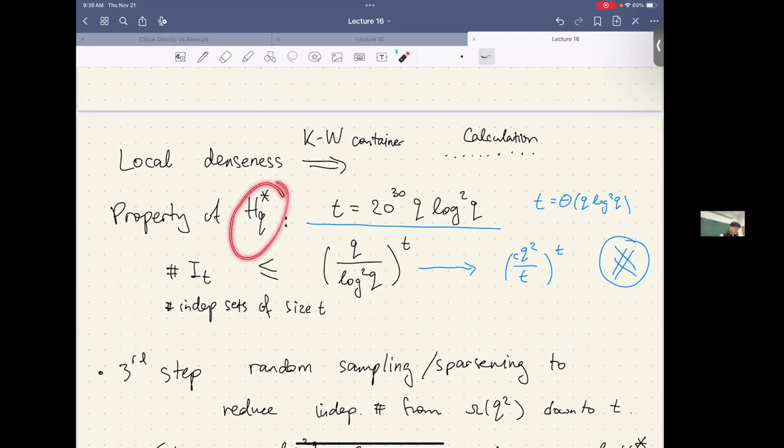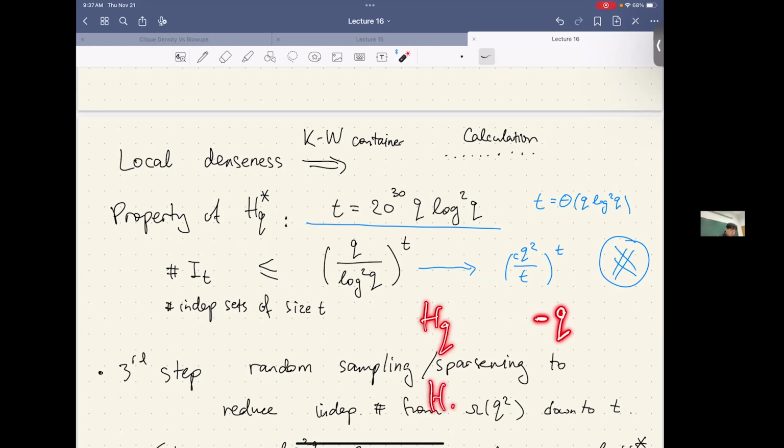Because in H_Q star, the minimum eigenvalue is not good enough to employ these spectral methods. Remember, when the minimum eigenvalue is large, then we can use spectral methods. Here, H_Q is quite good. For H_Q, the minimum eigenvalue is roughly negative Q order.